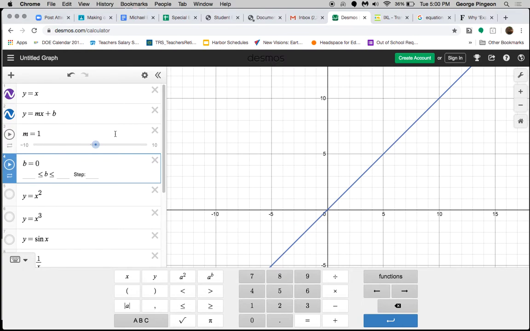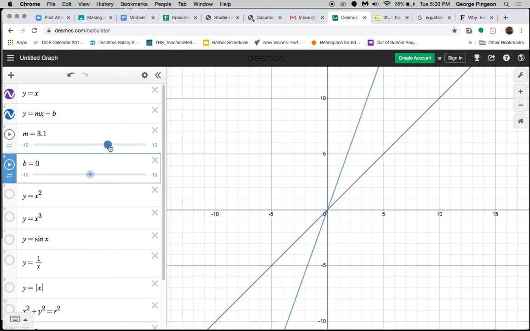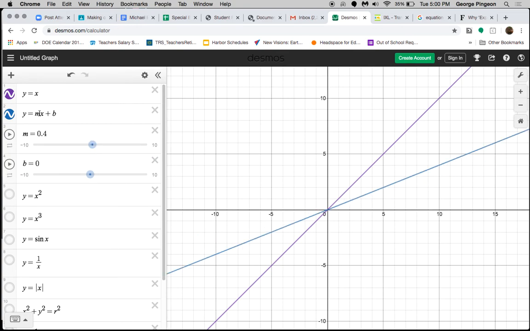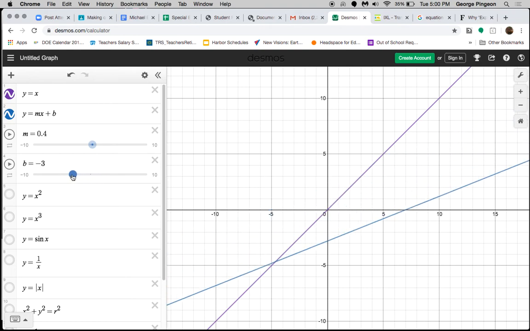So then you just have y equals x, right? But if you change the value of m, if you make m a higher number, then it becomes steeper. If you make m a negative number, it becomes a negative slope and starts going down, right? So that's if you change the coefficient, the number that's in front, m. If you change b, whatever you're adding to the end, that just moves the graph up or down.